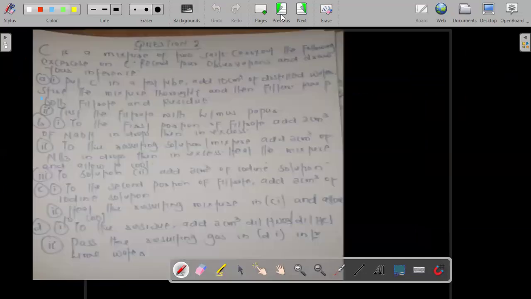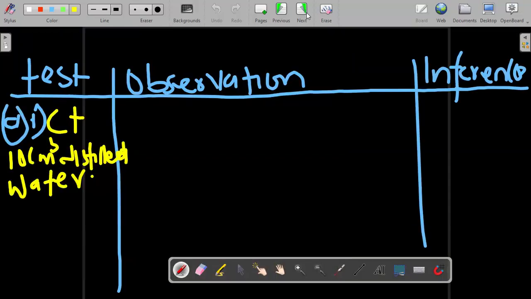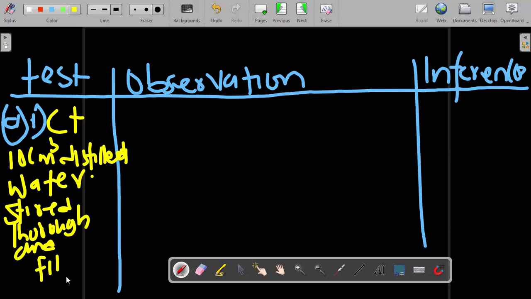That's the first statement. What do they say next? It says stir the mixture thoroughly, then keep filtrate and residue. So you write: stirred thoroughly and filtered. This is how you present it.